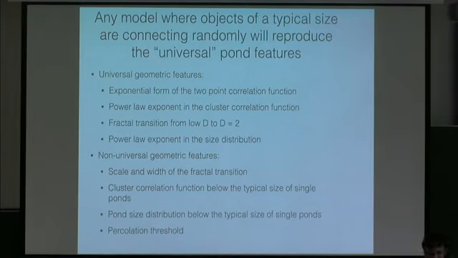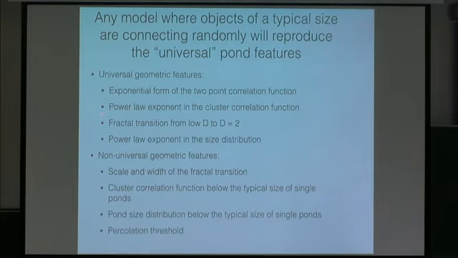So randomness and scale, or size, typical size of the individual objects. And those universal features are, for example, the 2-point correlation function is going to be an exponential. The cluster correlation function above the scale defined by the 2-point correlation function is going to be a power law, and we're going to reproduce the power law exponent.